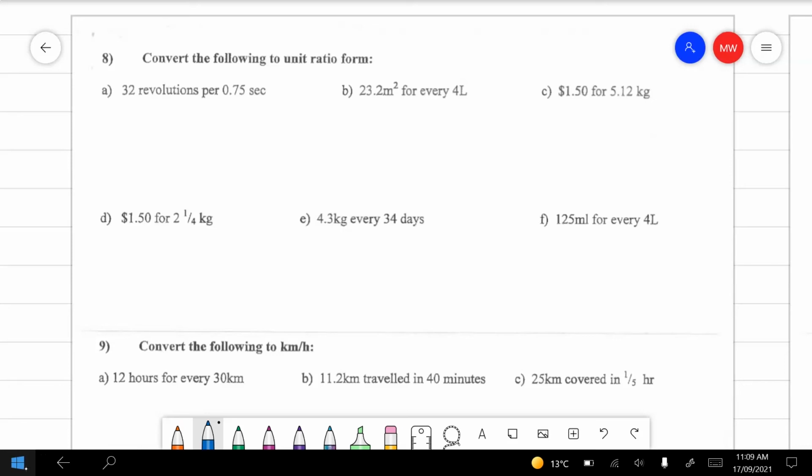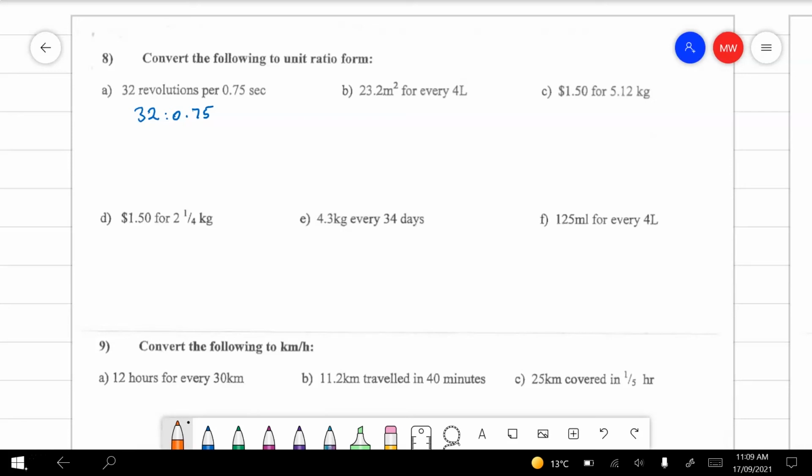So I find this difficult to explain, but what you need to do is this current ratio doesn't work. We've got 32 to 0.75, and that's just confusing. Now, stay with it, because the first question, because it's less than a second, seems confusing, but this process will work every time for you.